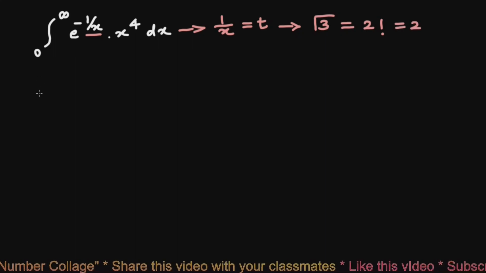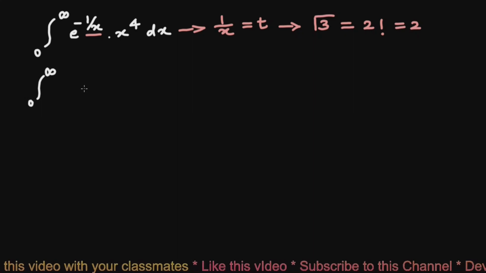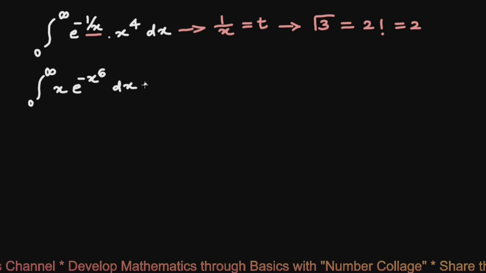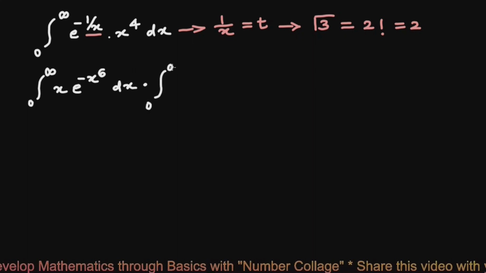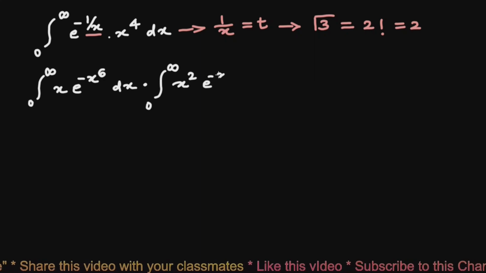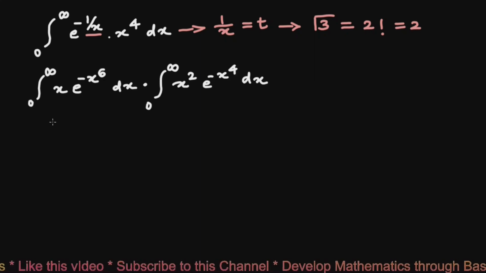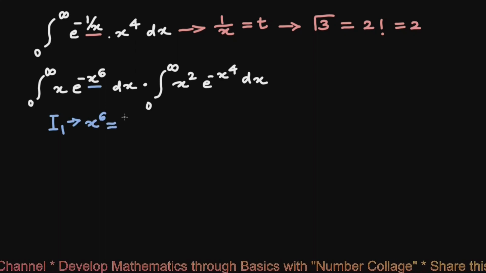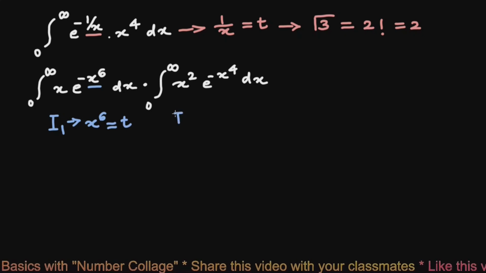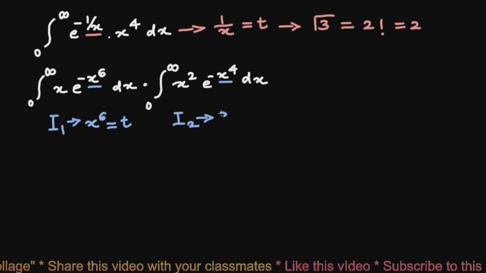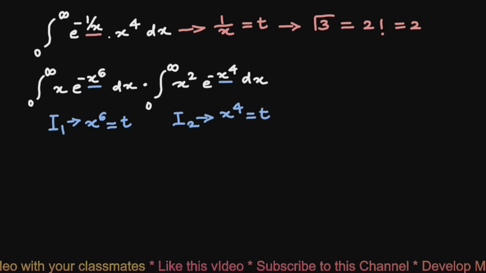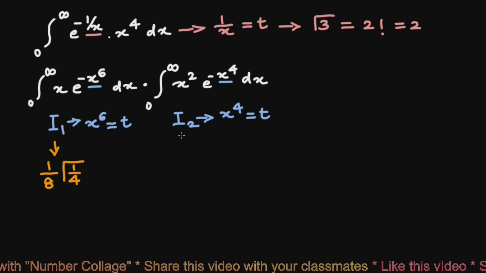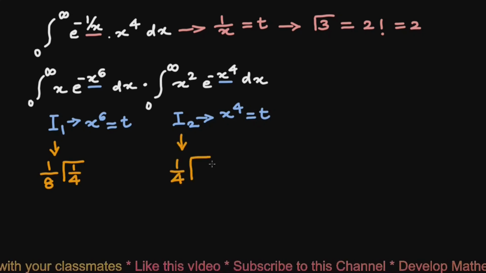Next example is integral from 0 to infinity of x e raised to minus x raised to 6 dx into integral from 0 to infinity of x square e raised to minus x raised to 4 dx. Here, in this first integral I1, we will assume x raised to 6 equals t, and in this second integral I2, we will assume x raised to 4 equals t. Solving them separately, we get I1 as 1/8 gamma 1/4 and I2 as 1/4 gamma 3 by 4.